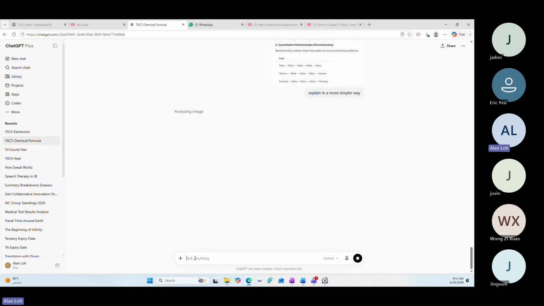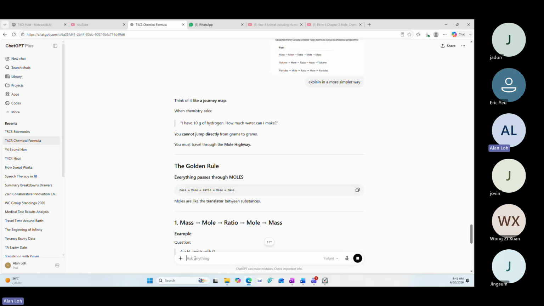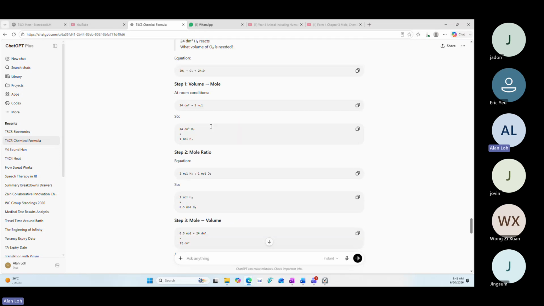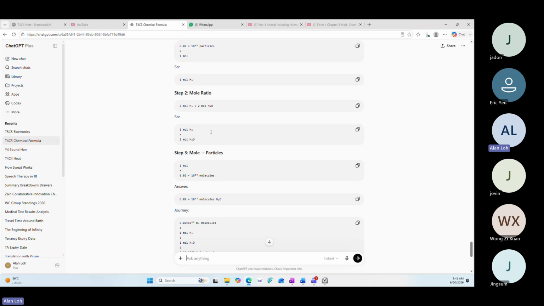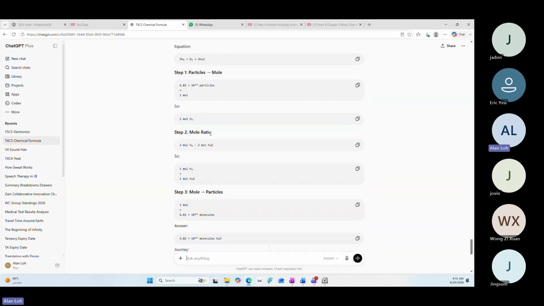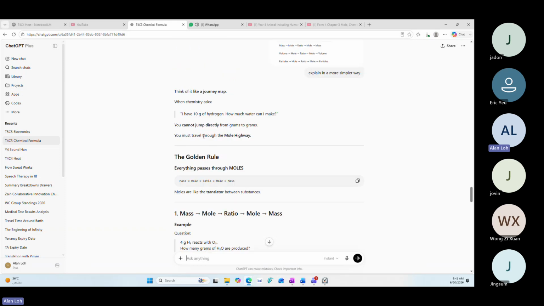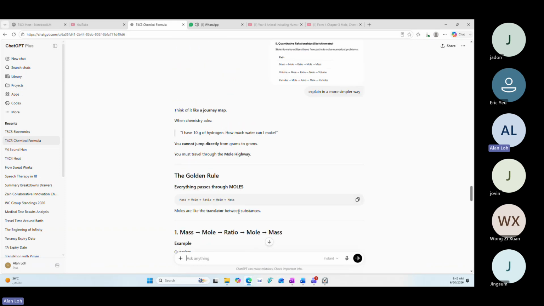All right, so in a few seconds, a more simpler way of explanation is going to be shown to you, right? So there is this explanation that is being generated by AI to show to you what that is. So this is just one example. Any parts in the notes, whether it's my notes or your notes or the textbook, you can do it this way.